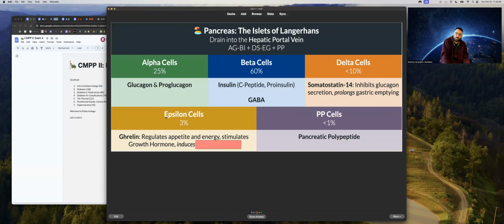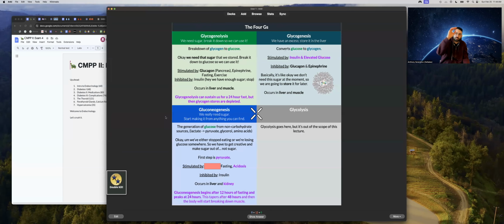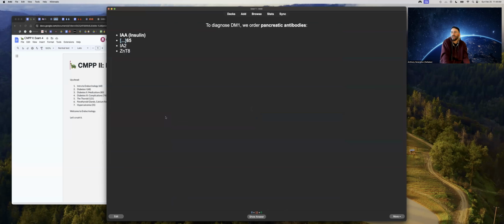Epsilon induces gastric emptying. Delta cells will prolong it. Stimulated by blank, fasting, gluconeogenesis. Glucagon, that's what I meant. You know what I meant.